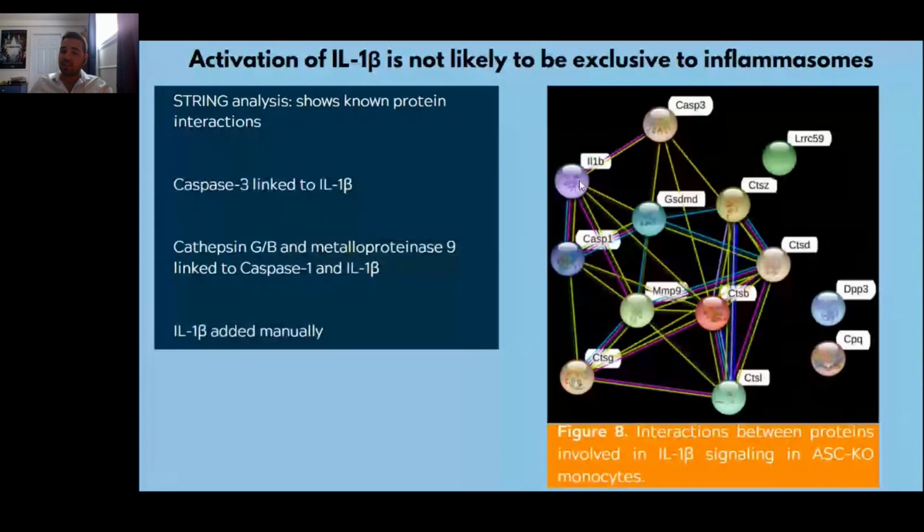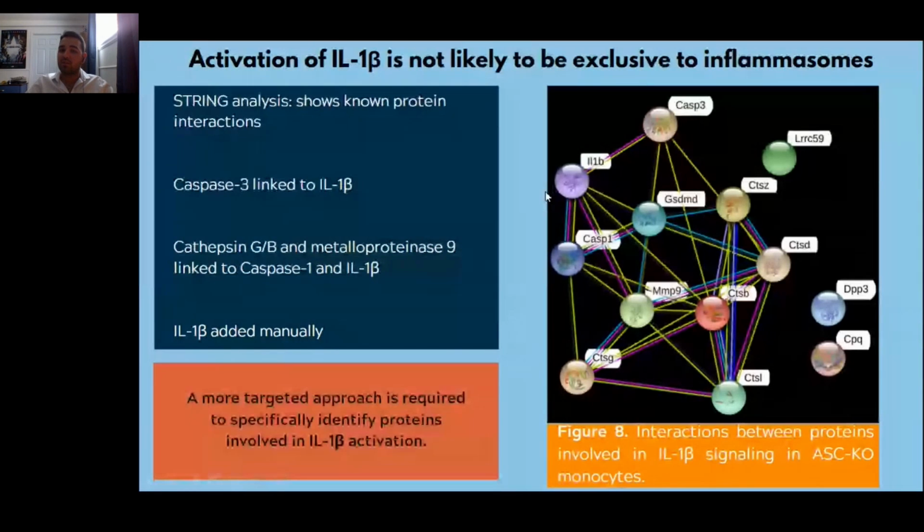However, I must admit that IL-1 beta was added manually to our analysis because although we confirmed its presence using Western blot analysis, we were not able to identify it using mass spectrometry analysis. Thus, it is important to find a new technique that will first enable us to find this IL-1 beta in our analysis and then understand how other proteins can activate it.